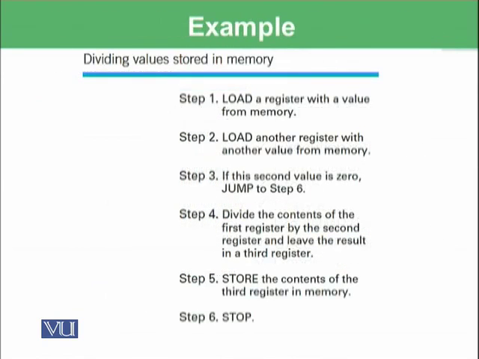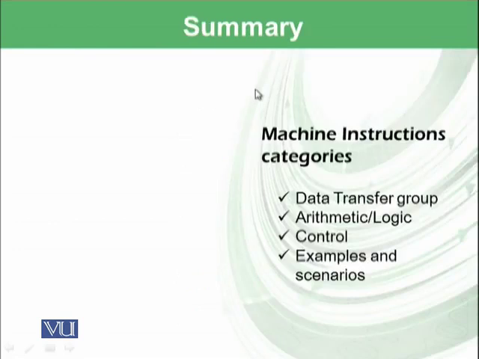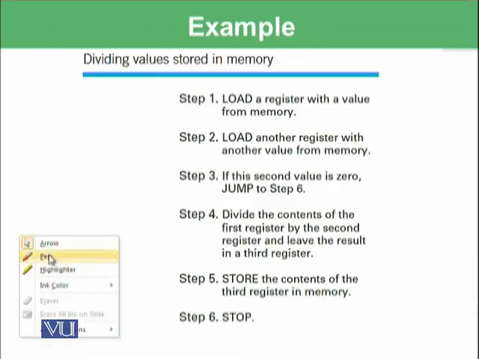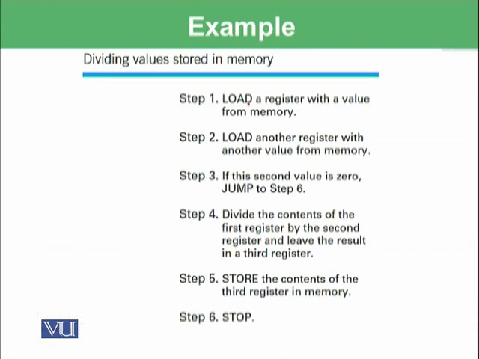So for example, we want to divide one number by a second number. Our first step is load. You can see now we are not writing that we need to get information from RAM. We are saying load. Load means load a value from RAM into the register, and then load another value from RAM into the register.